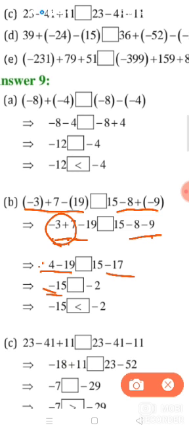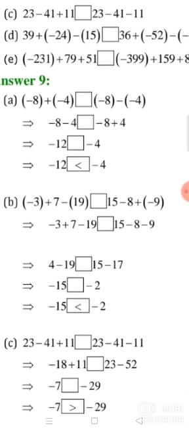Whenever both signs are equal we put that minus. So 15 minus 17 is equal to negative 2. Comparing negative 15 and negative 2, negative 2 is greater, so negative 15 is less than negative 2.